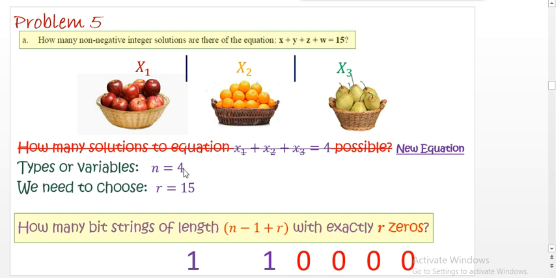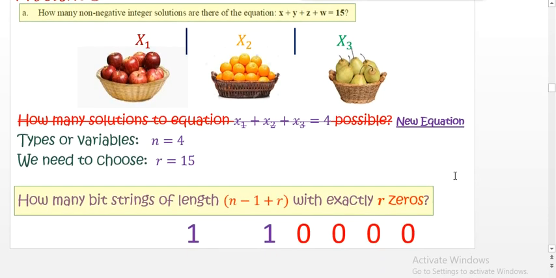Now n is equal to 4, and r, the number of objects that we have to choose, is 15. So how many bit strings of length n minus 1 plus r with exactly r, which is 15 here, zeros are possible? Now you can do this question.